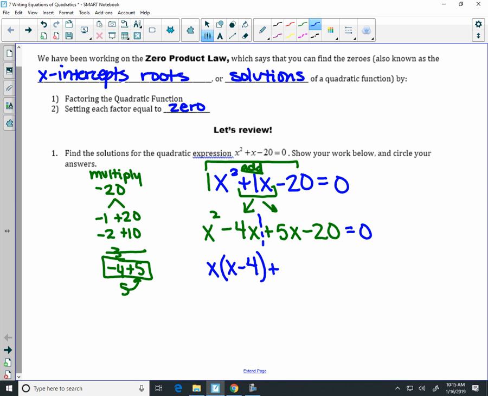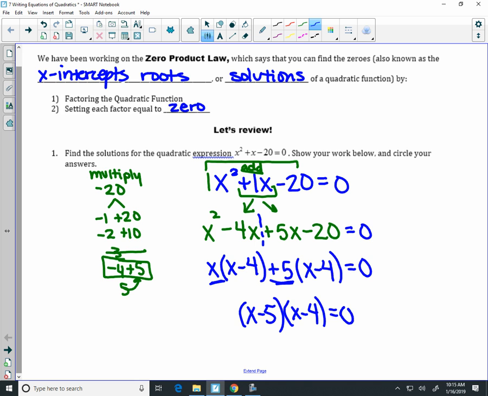Bring down my middle sign. 5 and 20 have 5 in common. When I divide that 5 away, I'm left with x plus 4. That gives me x plus 5 and x minus 4 as my factored form.